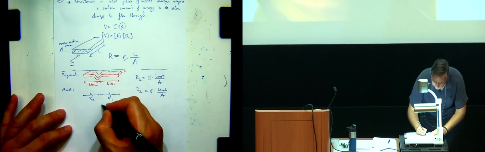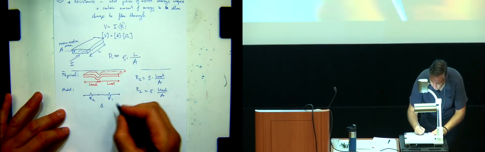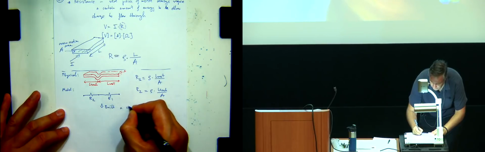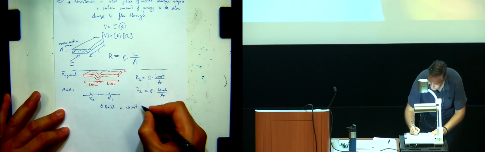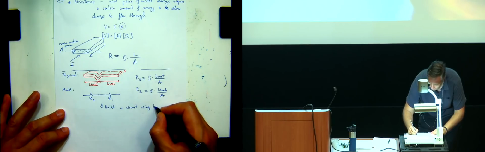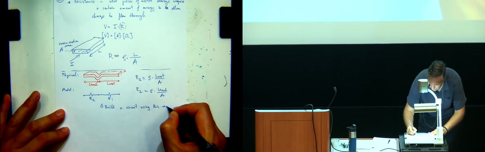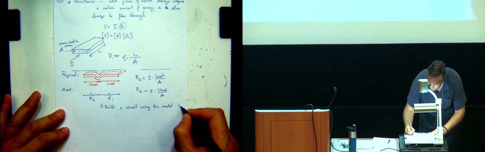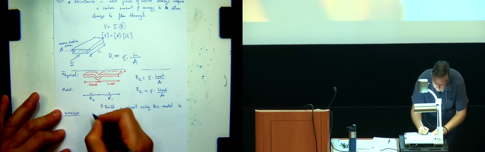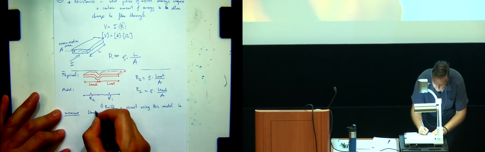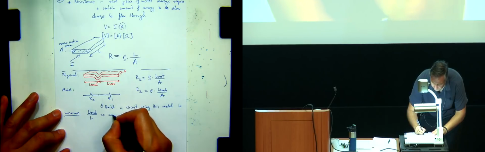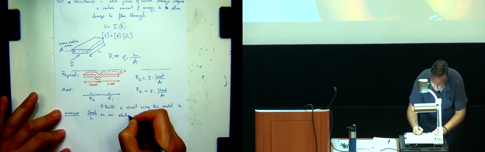So let's say from here we want to build a circuit using this model to measure L touch over L as an electrical quantity.